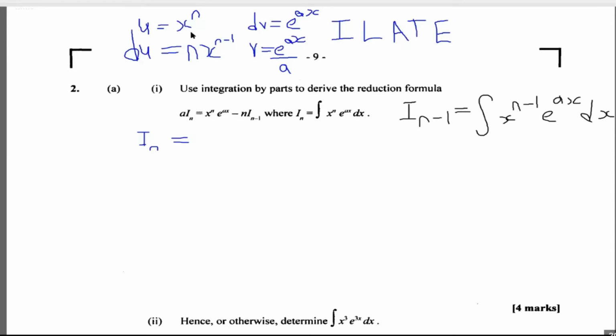In is uv minus the integral of v du. So u times v is going to be 1 over a, x^n e^(ax).